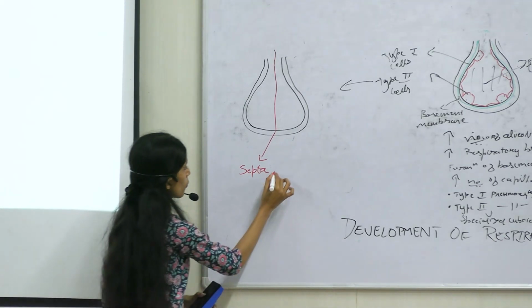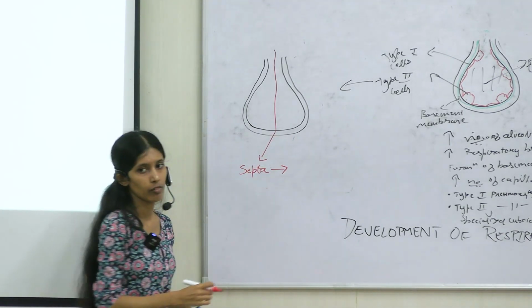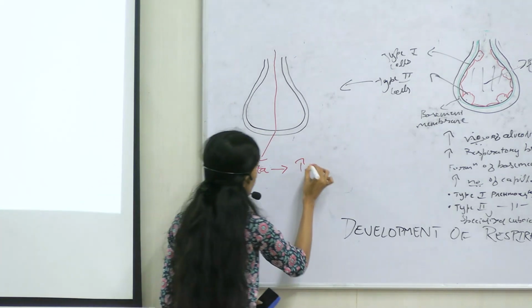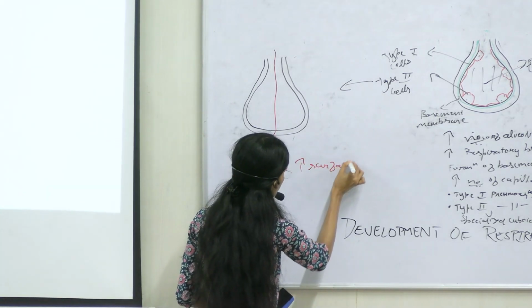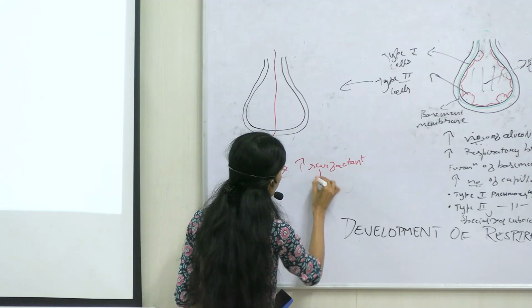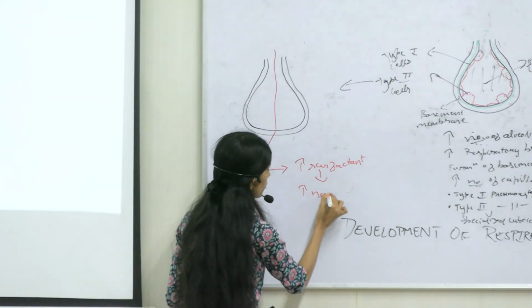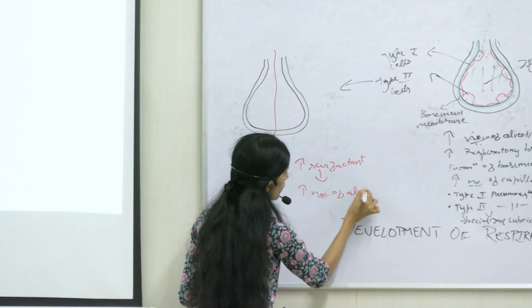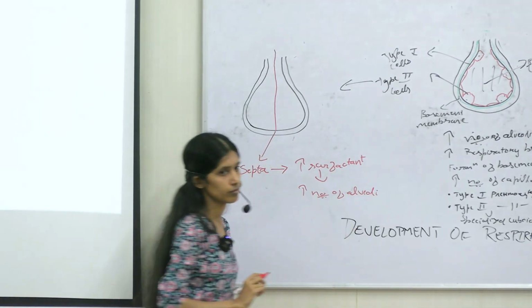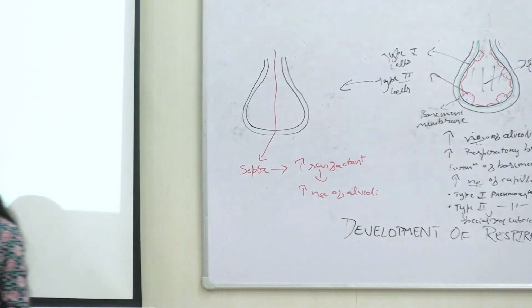Okay. This formation of septa in the alveoli increases the surfactant. More surfactant will lead to more alveoli. Is it clear for everyone?